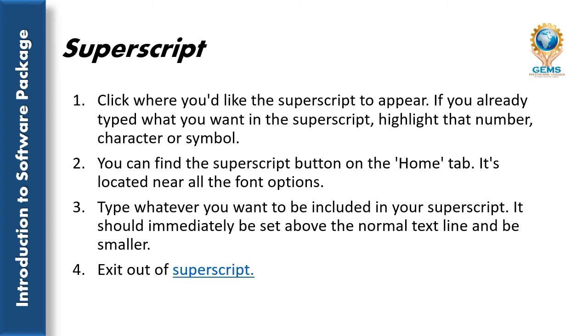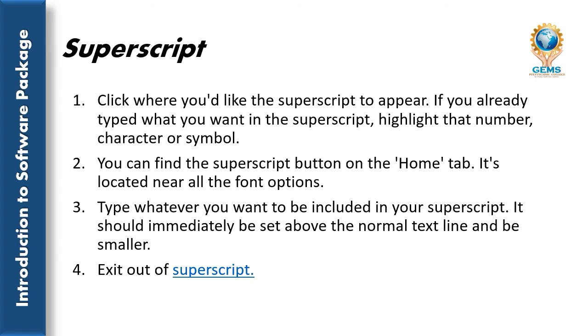These are the steps I have described. For superscript: click where you would like the superscript to appear. If you have already typed what you want as the superscript, highlight the particular number, character, text or symbol.